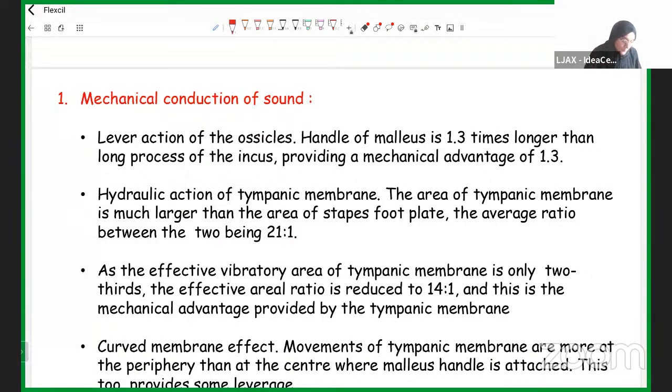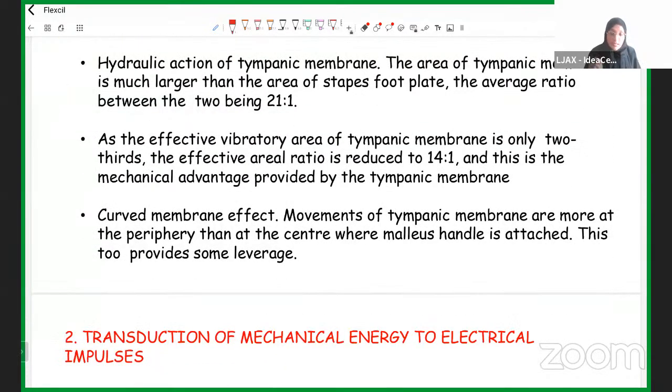Just for your knowledge, as the effective vibratory area of the tympanic membrane is only 2/3, the effective areal ratio is reduced to 14:1. And this is a mechanical advantage provided by the tympanic membrane. So here they want to make the point that the tympanic membrane is larger than the stapes footplate. So there is larger sound conduction entering into the middle ear.